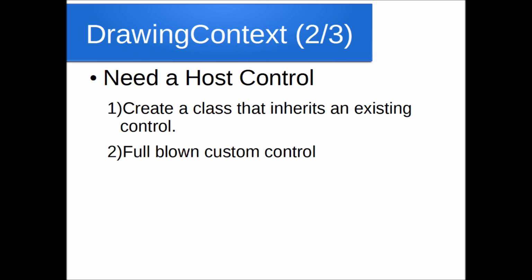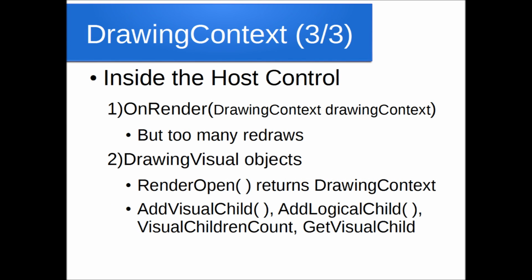The approach I use in the example is to use a derived control. So I just create my own class, and I derive from the canvas control basically. Once you have your control, either custom control or derived control, you have two options on how you get the drawing context object. So option number one is the OnRender function. OnRender is the redraw function for a control.